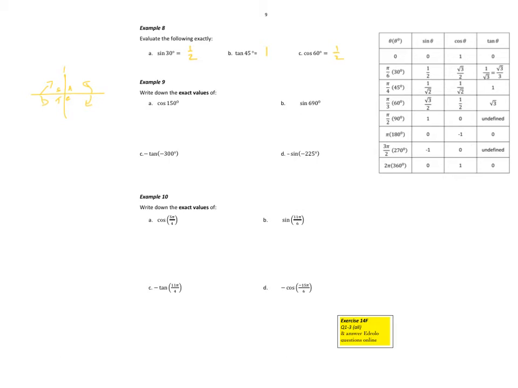So cos of 150. Well, let's reference as always, cos of 150 is the same as 180 minus 30, which is the same as cosine of 30. We just need to check the quadrant. Now, 150 degrees is in the second quadrant where cosine is negative. So it's a negative cos 30. And negative cos of 30 is negative root 3 on 2.